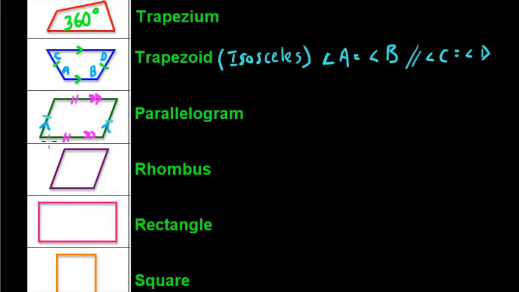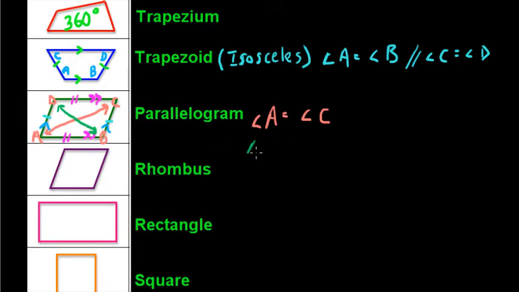What we're going to find out is if I number these and I say this is angle A, B, C, and D, the opposite angles are going to be identical. So angle A will equal angle C, and angle D will equal the opposite angle, angle B.